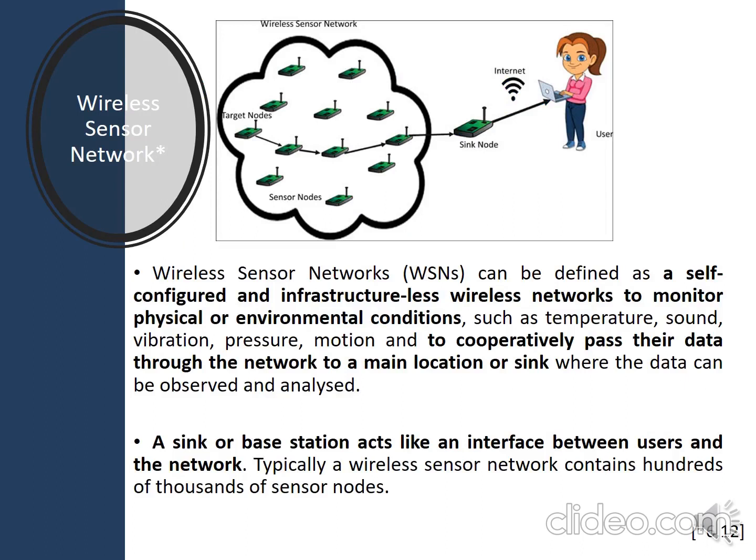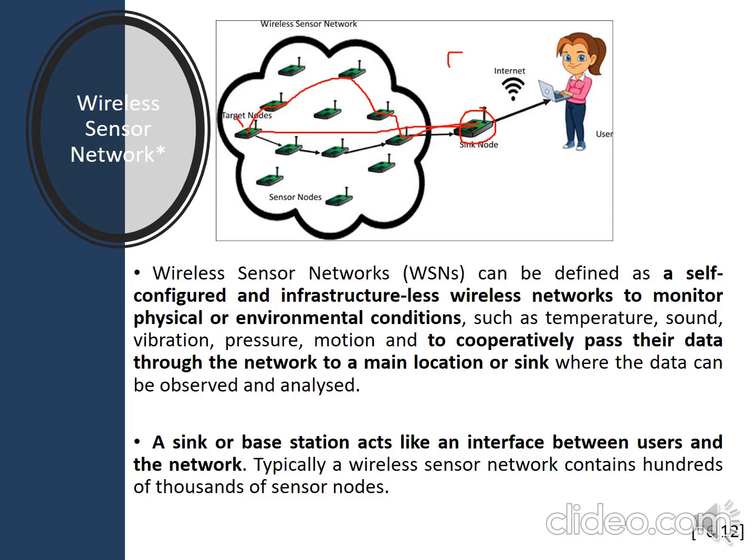Wireless sensor networks can be defined as self-organized and infrastructure-less wireless networks to monitor physical or environmental conditions such as temperature, sound, vibration, pressure, motion, and to cooperatively pass their data through the network to a main location or sink. All the nodes sense the data and then send it directly or indirectly to the sink node.